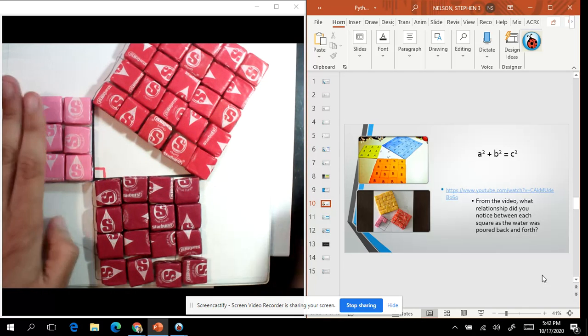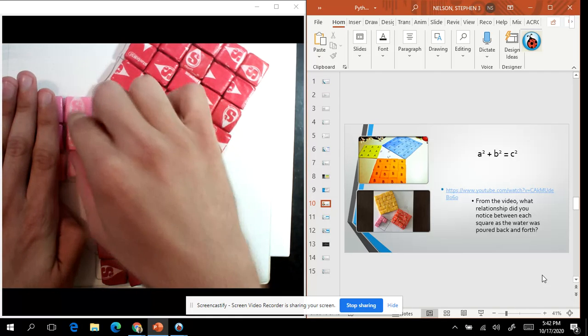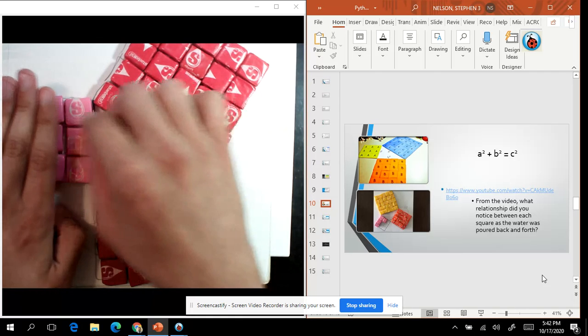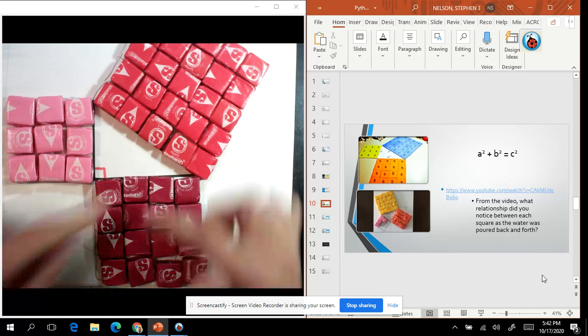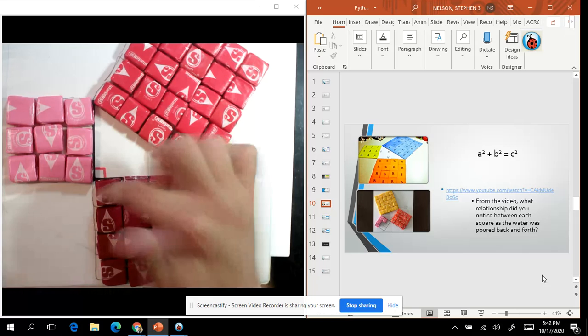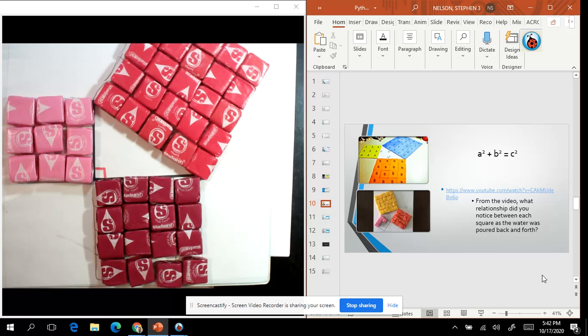We can say that the length of this side is 3 Starbursts, 3 units. And if we square that, we would get 9, because 3 squared equals 9. Same thing over here. We have a length of 4 Starbursts, 4 units. Square it, you get 16.